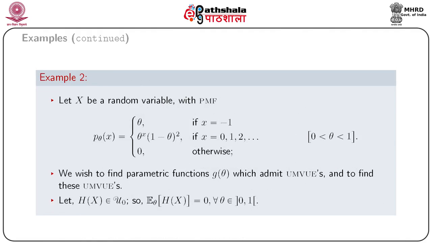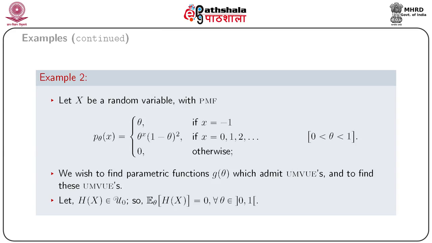Example 2. Let X be a random variable with PMF f_θ(x) = θ if x = −1, and (1 − θ)² θ^x if x = 0, 1, 2, up to infinity, where 0 < θ < 1. θ is unknown.